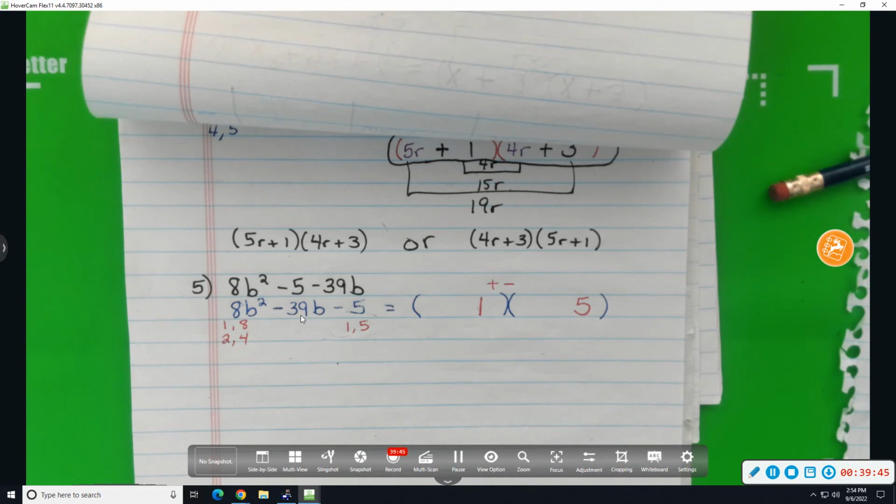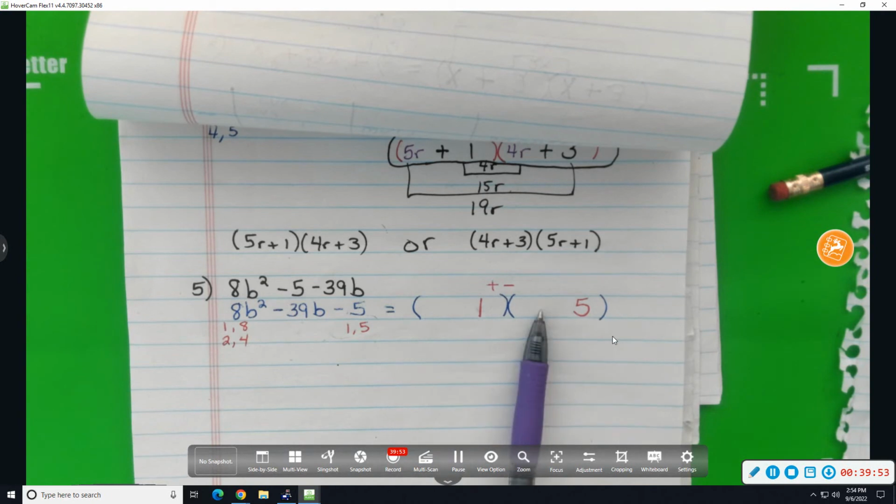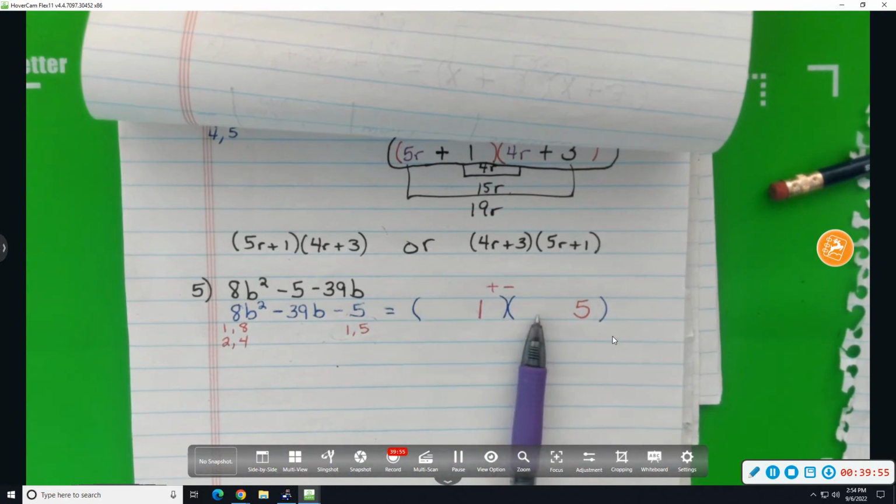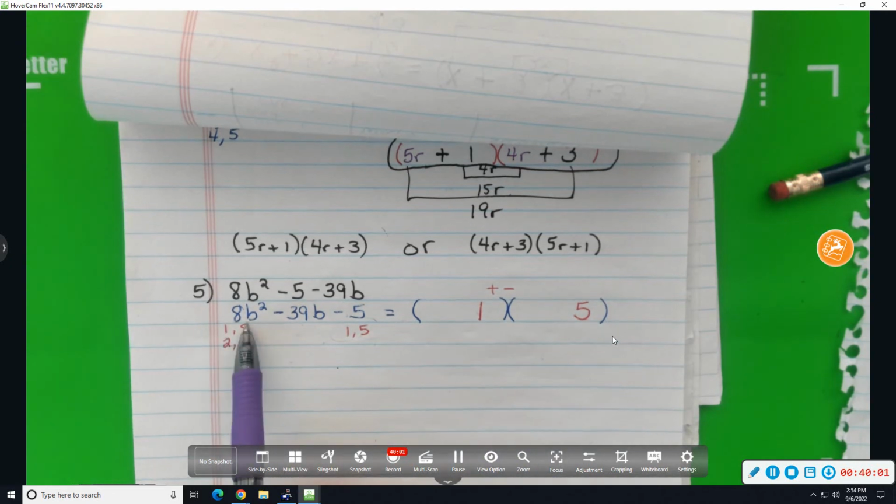That number there is just 1 less than 40. So maybe you need an 8 and a 5 up here. You know you have the 5. If you want to try the 2 and 4, 2 and 4, or 4 and 2, I think you're going to figure out that doesn't work. But then I noticed the middle term is bigger than everything else, the 8 and the 5. So I would try it like this.